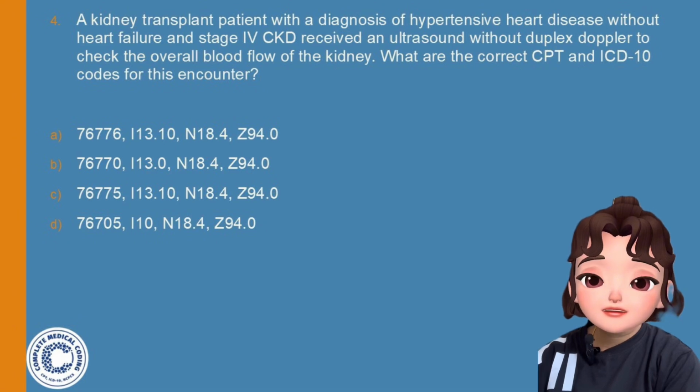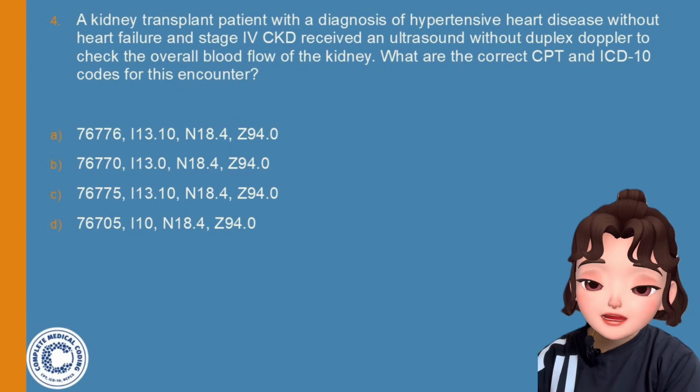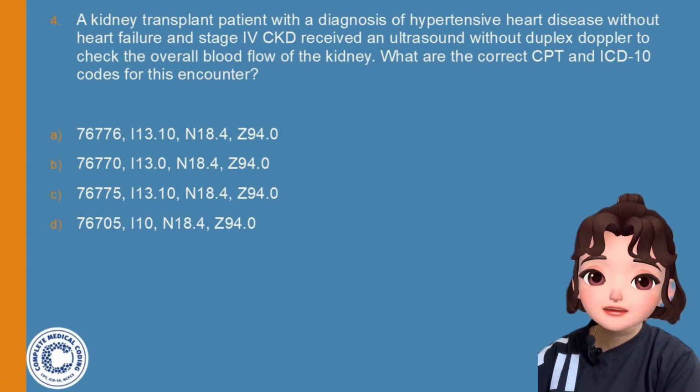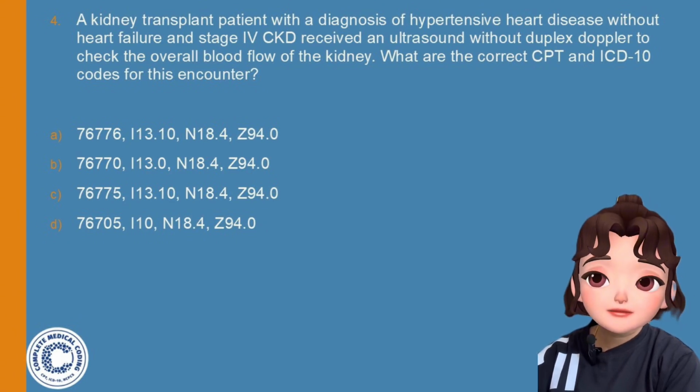This is what we need, right? Because the patient has hypertensive heart disease, chronic kidney disease without heart failure, and stage 4 chronic kidney disease. So everything is mentioned in this code I13.10. So this will be the exact one.